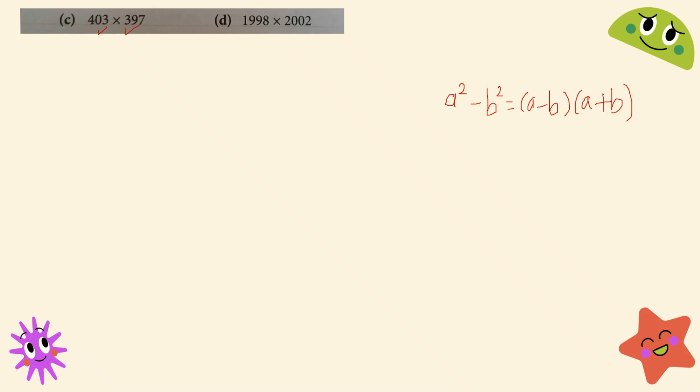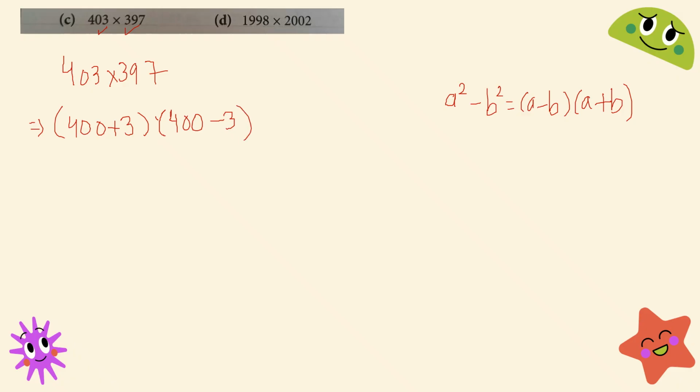So if I look at 403, it is like 400 plus 3. In a simpler way I can say it is 400 plus 3. And when I look at 397, it is like 400 minus 3.